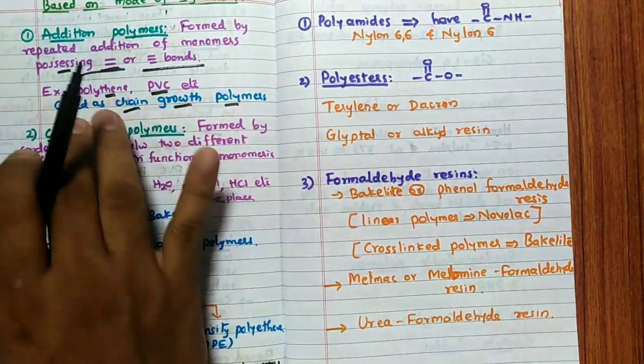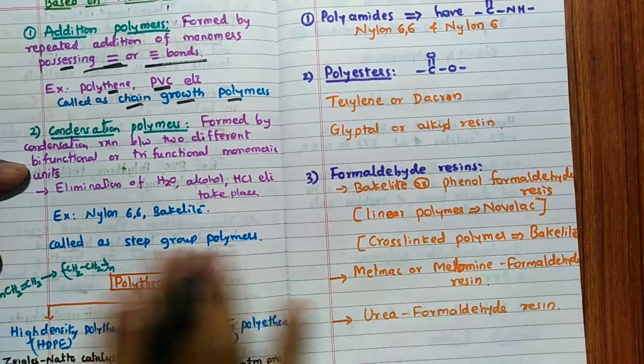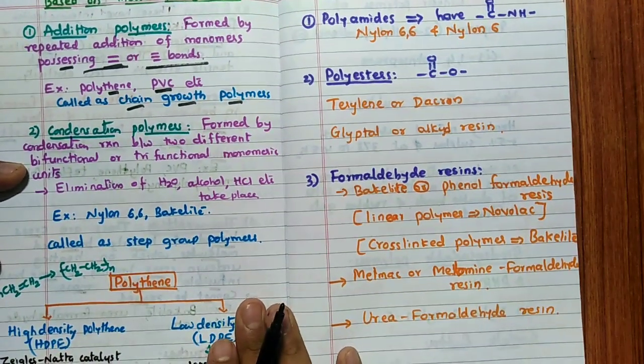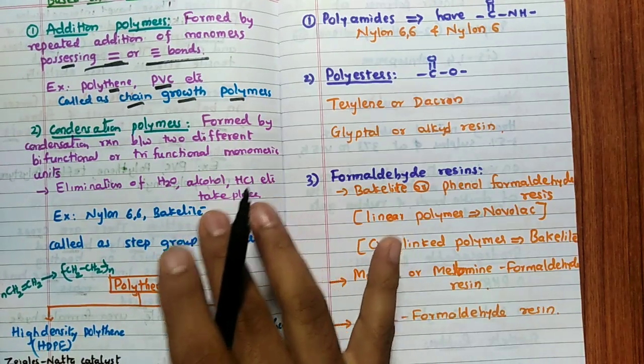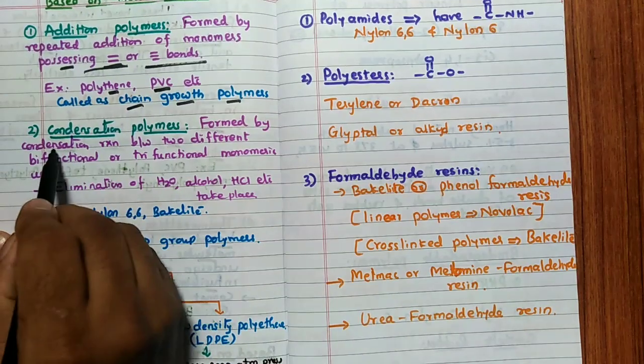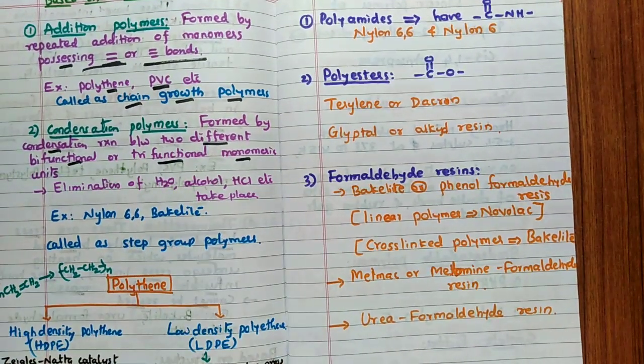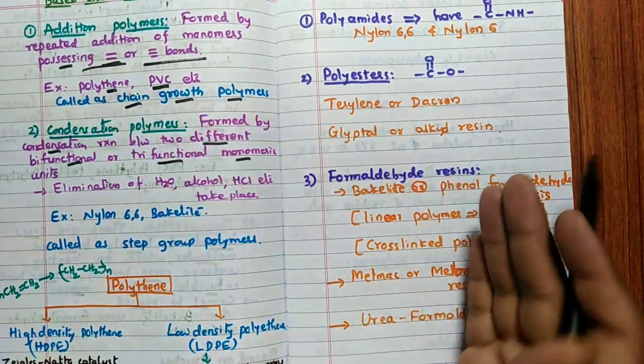I will not explain chain growth and step growth in detail because it was not asked in a detailed manner in any exams. So you can refer to that in the NCERT textbook. Then condensation polymers, which are formed by condensation reaction between two different bifunctional or trifunctional monomeric units. Very important, remember, addition polymers means simple addition.